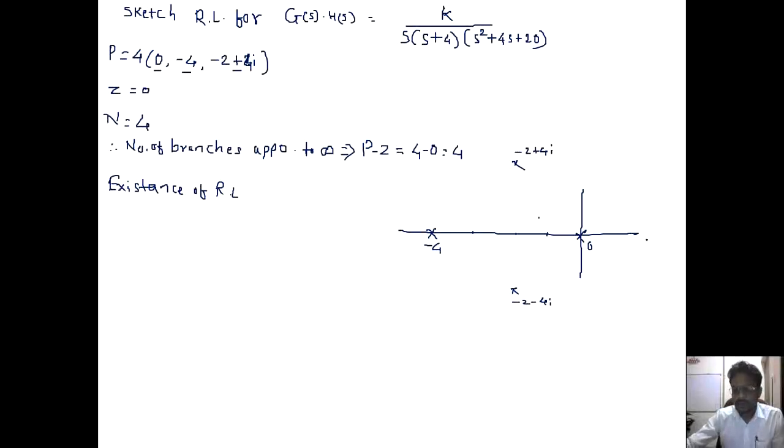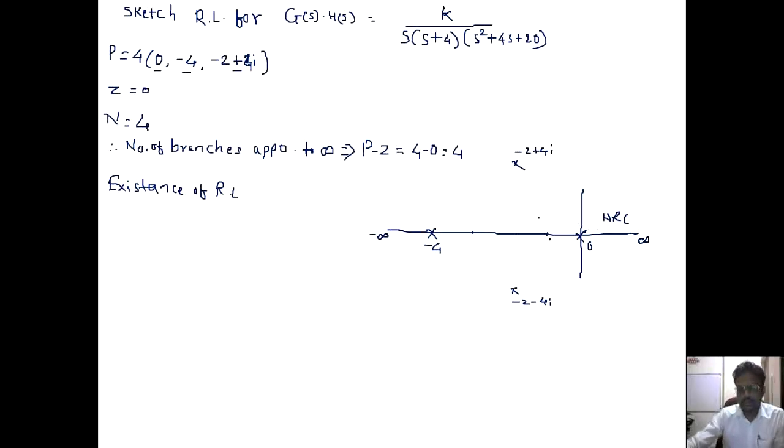Okay, now for checking root locus existence, consider the regions: infinity to 0, then 0 to -4, and -4 to minus infinity. In the first region, 0 to infinity, how many poles and zeros are available? Not a single pole or zero. So from infinity to 0, this is a non-root locus region.